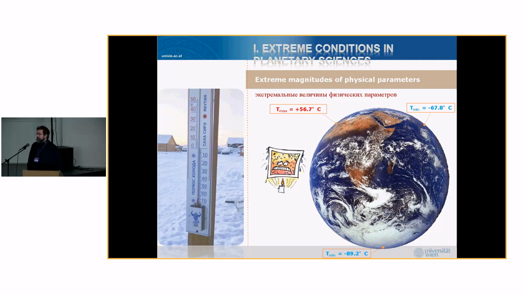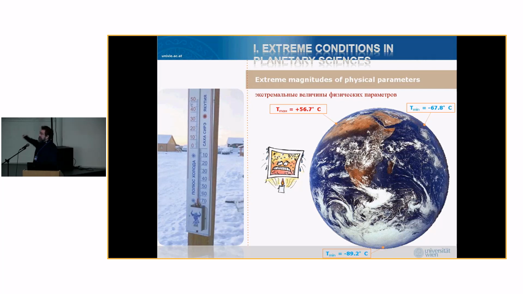It's 56.7, that's the accepted world record of the highest temperature. But the lowest temperature, we just looked it up recently at dinner, is actually on the South Pole. It was minus 89.2. So you see, these are really extreme temperature conditions.